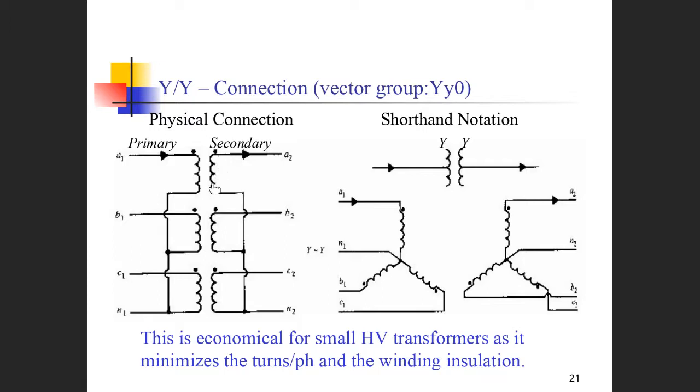For example, 1/3 of A2 comes by induction from A1, 1/3 from B1, and 1/3 from C1. Similarly, for B2, 1/3 comes from B1, 1/3 from C1, and 1/3 from A1.